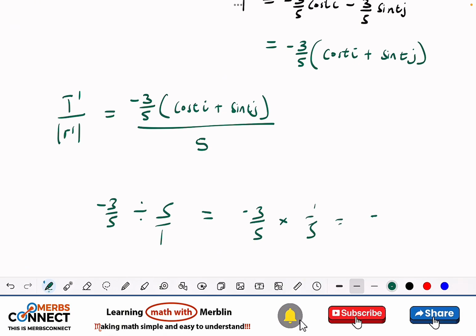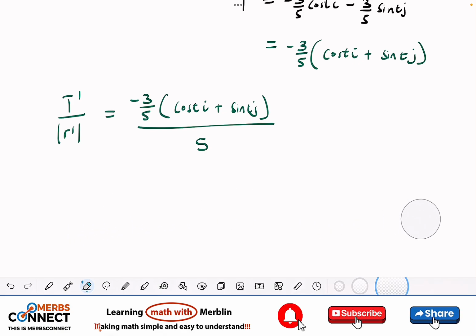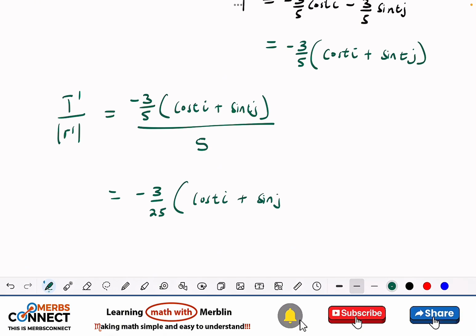So this is going to give us minus 3 divided by 25. So this is going to give us minus 3 divided by 25 in bracket cos t i plus sin t j.